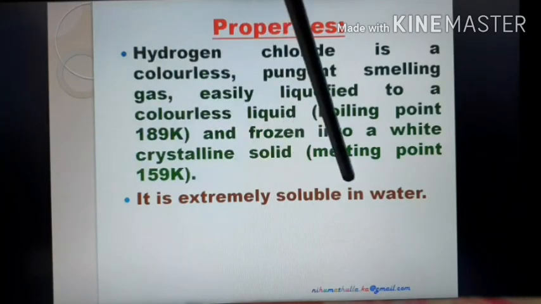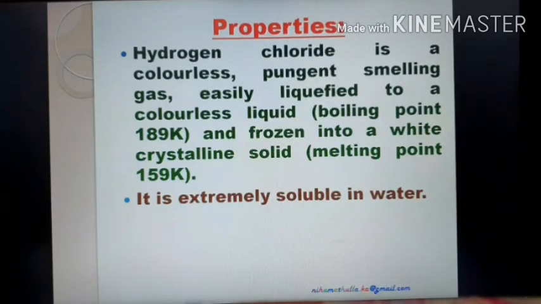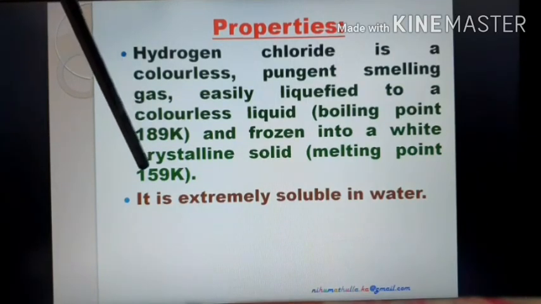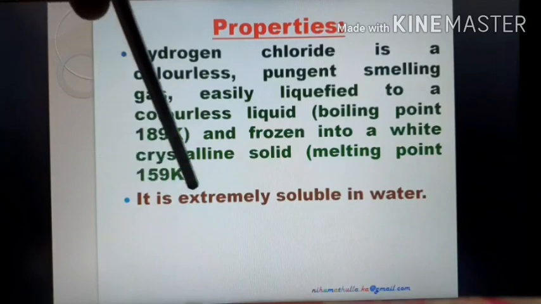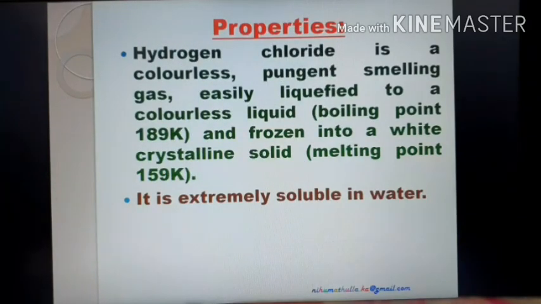It is extremely soluble in water. There is no specific color for hydrochloric acid. Hydrogen chloride is formed in the gaseous state, which on condensation gives a colorless liquid. It is completely soluble in water.